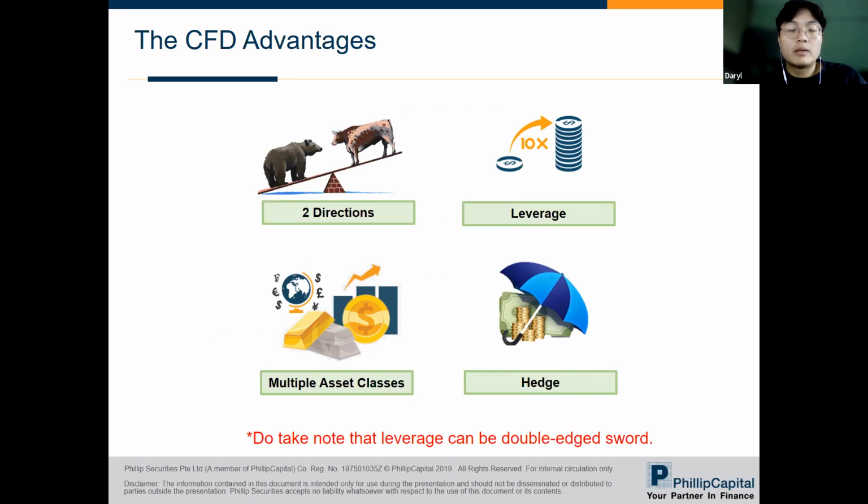Like what I said before, we are able to long or short. When we think that the stock will go up, we can buy. When we think the stock is going down, we can short the stock. We are not restricted by any market direction, and we can profit from both rising and falling markets. There's also leverage, and multiple asset classes like FX, indices, equities, and commodities.